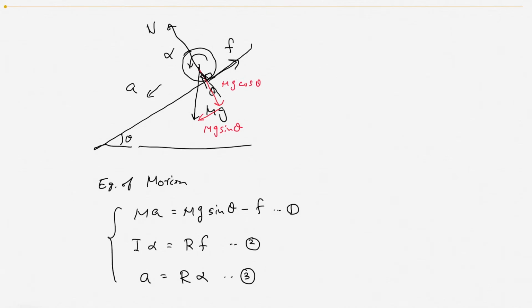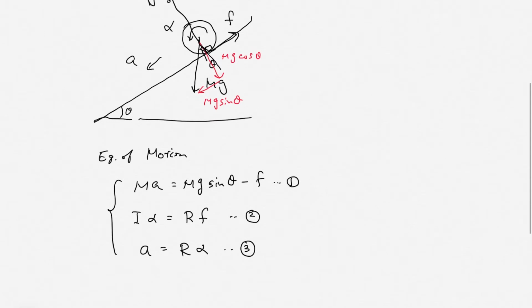Equation number 3 is this relation. In the normal direction with respect to the slope, N minus mg cosine theta equals 0, because there is no motion. And for the friction, this is equation number 4.